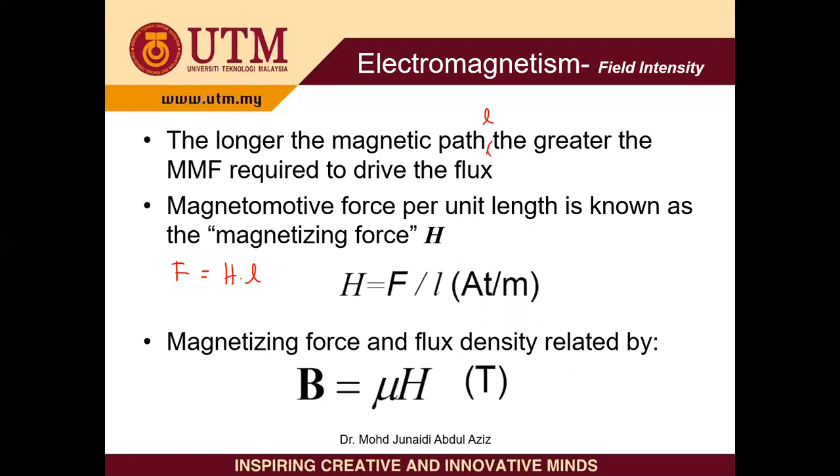This magnetomotive force per unit length is known as the magnetizing force, with the symbol H, and H is equal to F over L. So this represents the magnetizing force per unit length.